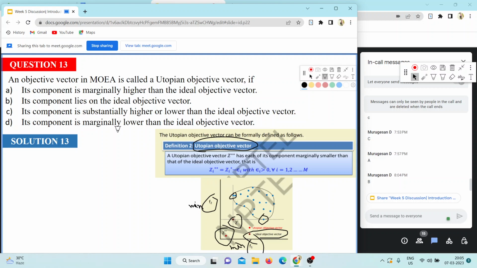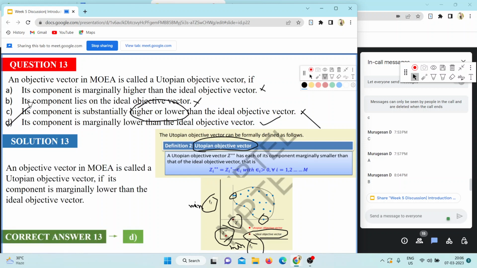So option A, marginally higher, is no. Option B, the component lies on the ideal objective vector, is also no. Option C is contradictory, as it says both higher and lower, so that is also wrong. Ours should be: its component is marginally lower than the ideal objective vector. So this z double star you can see is below the ideal objective vector. So answer is D. Okay, any doubt about this?